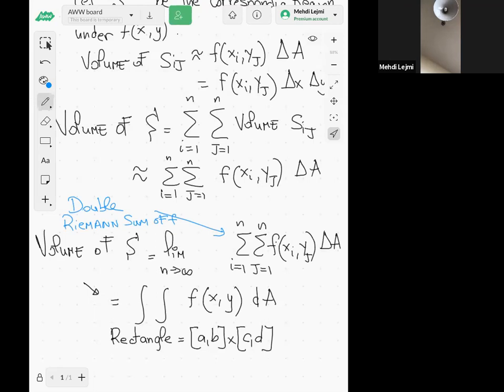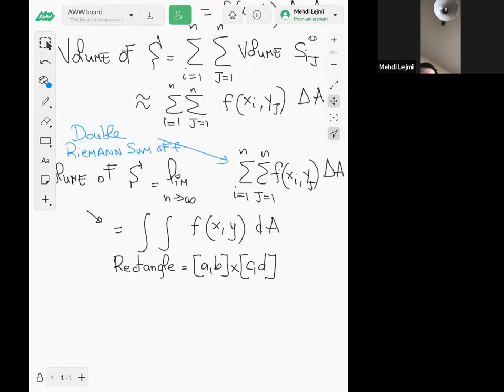This area element, delta A or dA, as I said, is our area element, and it's just dx dy, right?